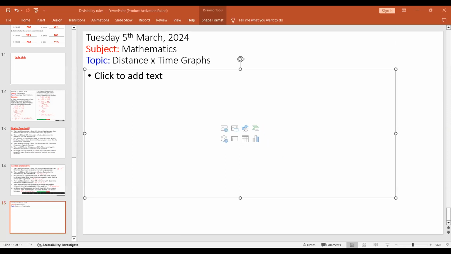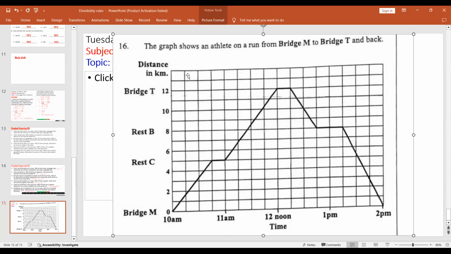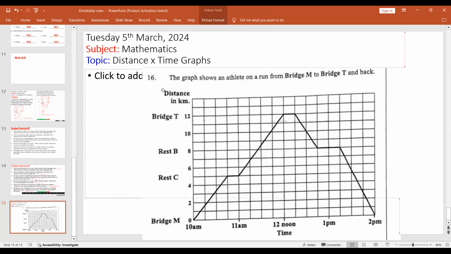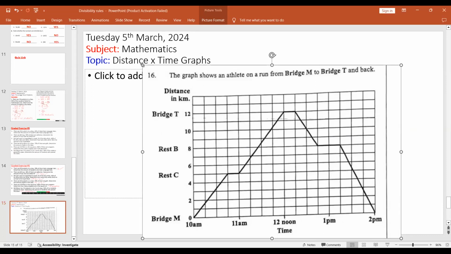I'm going to show a graph, and for this one, I want you to draw this, please. Draw this graph in your book.